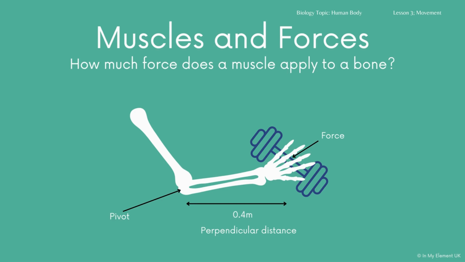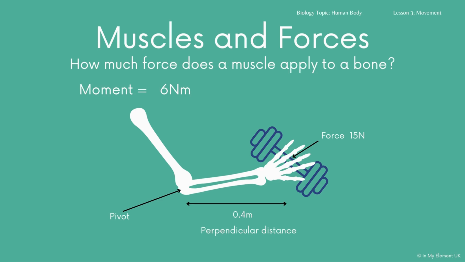In this example, we've got a perpendicular distance of 0.4 meters and a force of 15 newtons. Going on what we were shown, the moment equals the force times the perpendicular distance. So we're going to multiply the 15 newtons by 0.4, and that's going to give us a moment measured in Newton meters. The answer is 6 Newton meters.